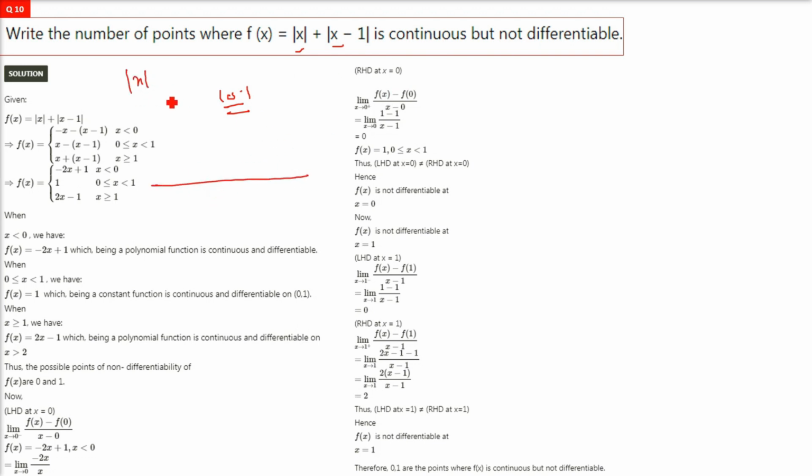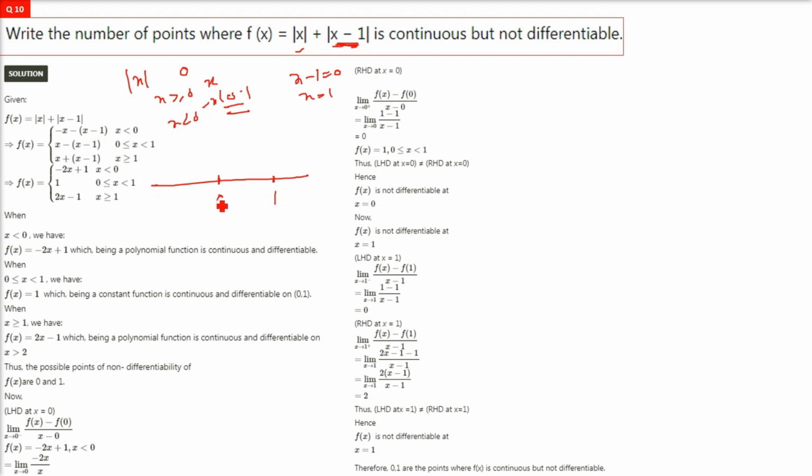First of all, mod x. Always we check where the function is going to be 0. It is x when x is greater than or equal to 0, and negative x when x is less than 0. What is mod x minus 1? When x minus 1 is equal to 0, x is equal to 1. So there are 3 intervals here.